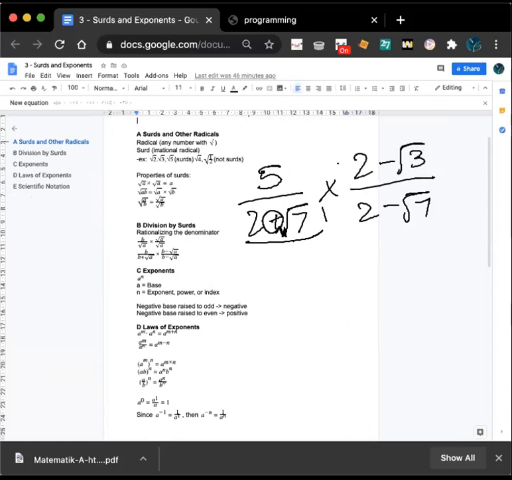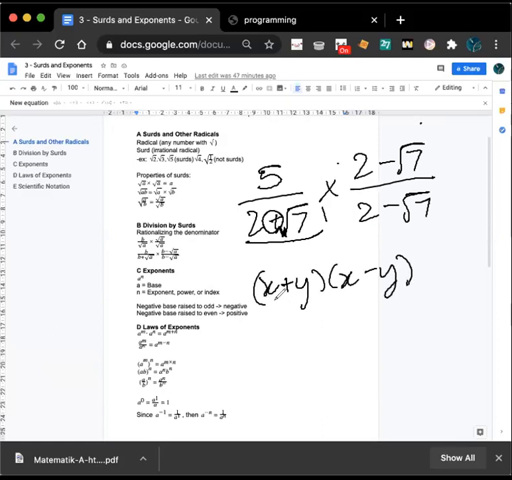The reason you do this is because of the rule of x plus y times x minus y.